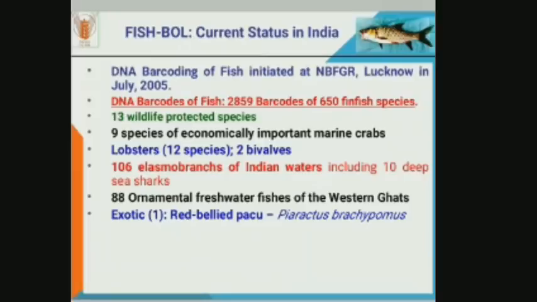The FISH-BOL current status at NBFGR Lucknow: it has been initiated, and more than 3,000 barcodes have now been generated for various fish species. Economically important groups like lobsters have been covered separately, and also conservation-related groups like Lakshmi branch, and biodiversity hotspots like the Western Ghats and Northeast.